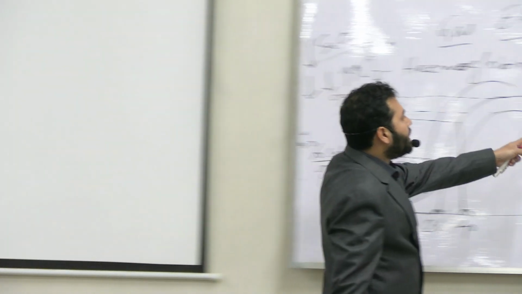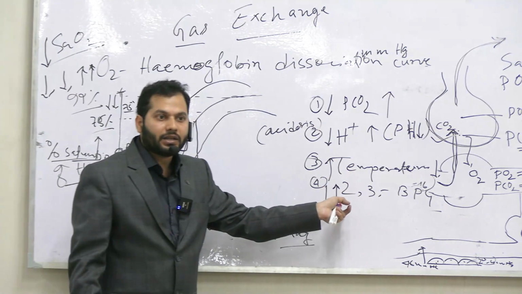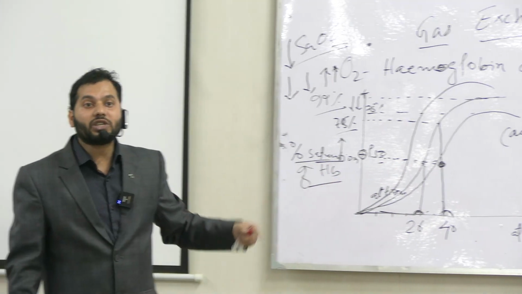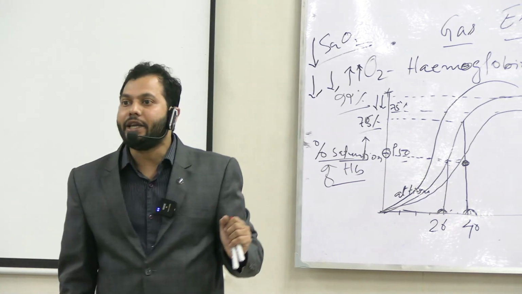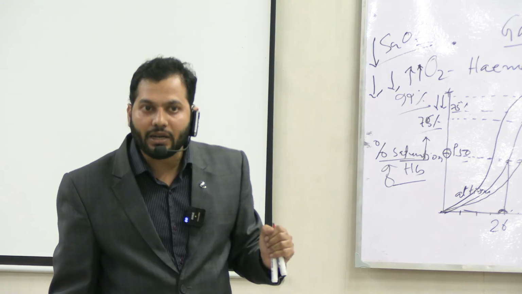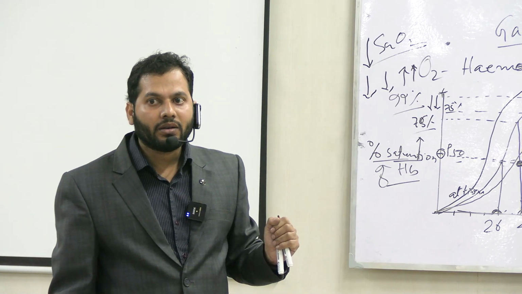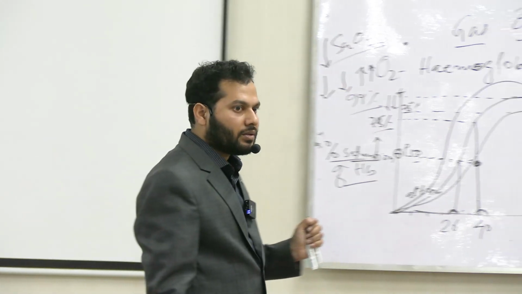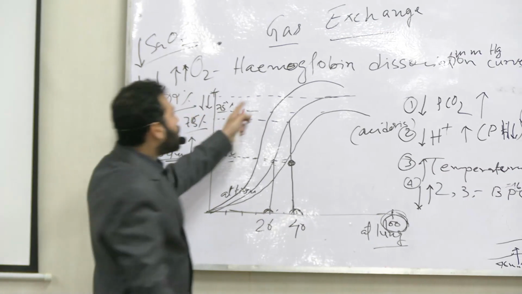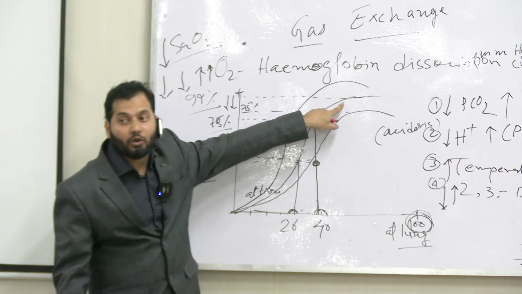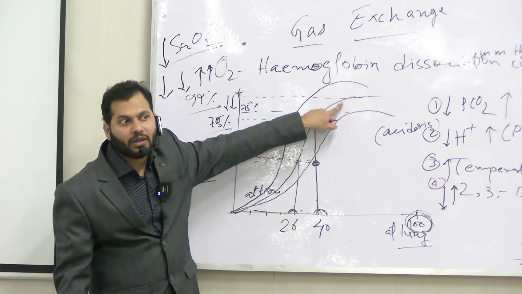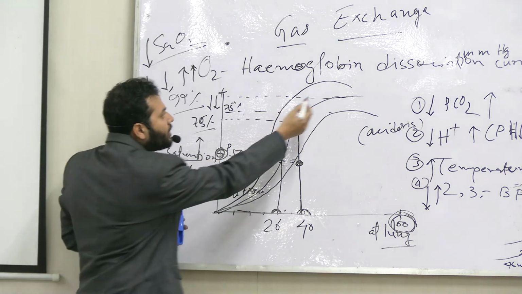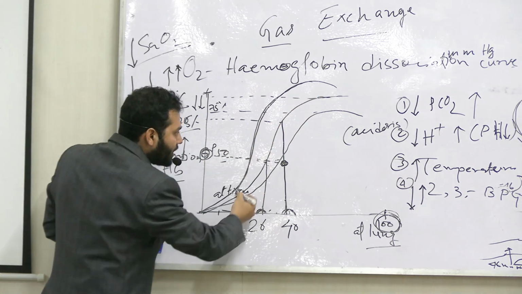If there is a decrease in these factors, does this cause an increase or decrease in the affinity of hemoglobin with oxygen? Just look into the graph. Just compare with the normal one. Look at the P50 for the normal one and now the last one.